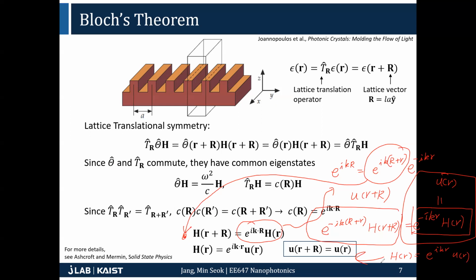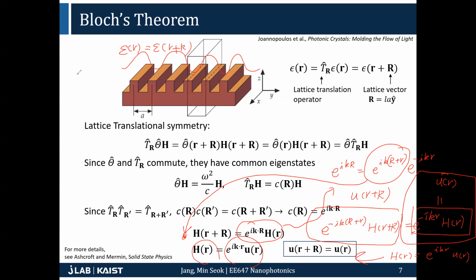Okay, so I'm not sure whether this derivation was clear enough, but anyway, you kind of see what's going on, right? I tried to explain that if there is a certain periodicity in the system, basically your epsilon has a periodic property, then your wave solution should also satisfy a certain periodic relation.